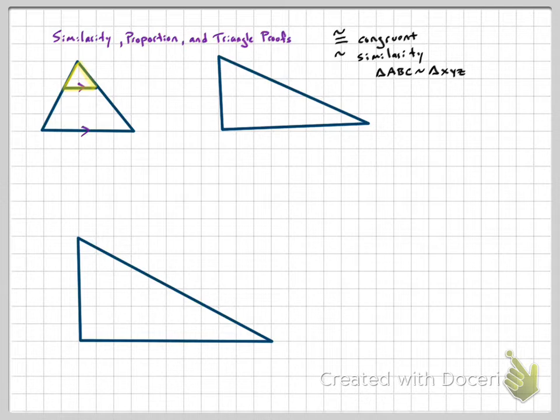Meaning that corresponding angles are congruent, but also that the sides are proportional. So this breaks it up in a couple different ways. So let's say, for example, that this side length is A, this side length is B, this side length is C, and this side length is D.